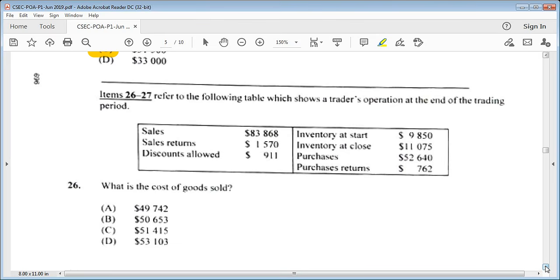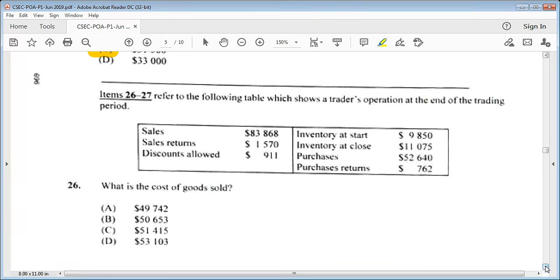Then we're going to add purchases, which is 52,640. So when we add 52,640 to 9,850, we get 62,490. Then we're going to less our purchase returns, which is 762. So 762 from 62,490, we're left with $61,728.